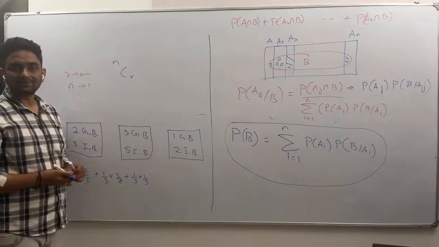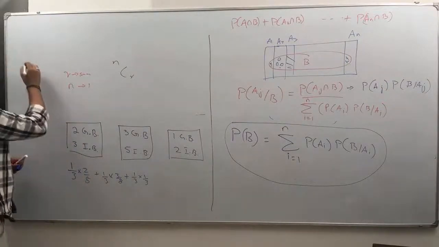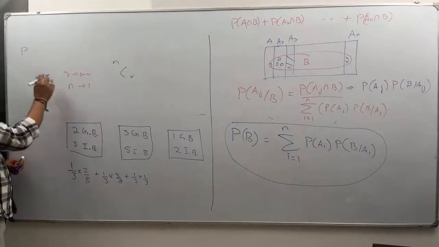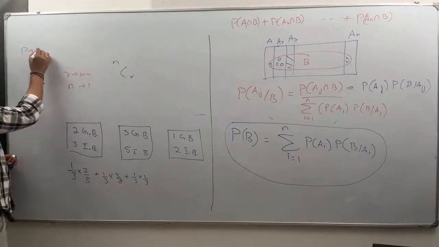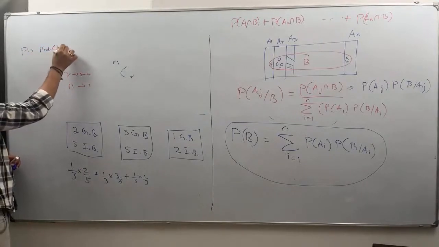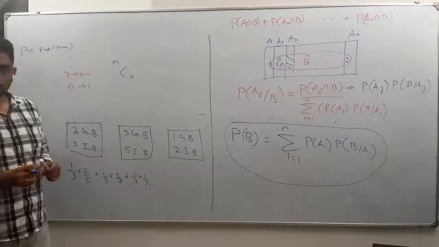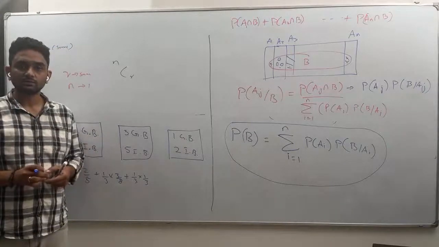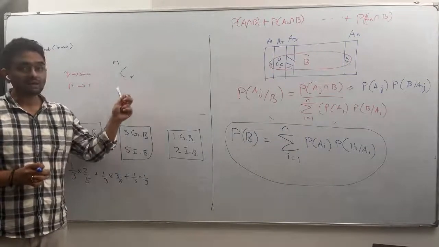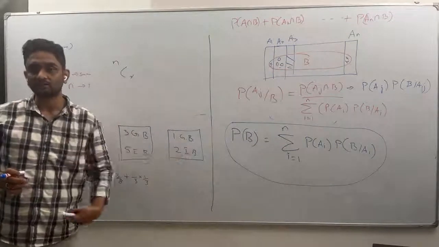Now let's say P is probability of success. So how many times I'm getting success? r times. The answer, nCr is picking which trials I'll get success.